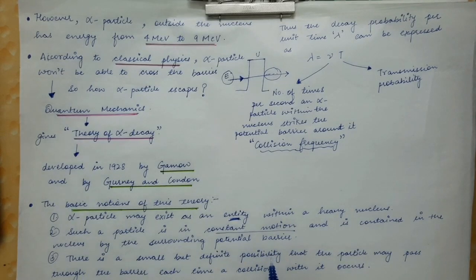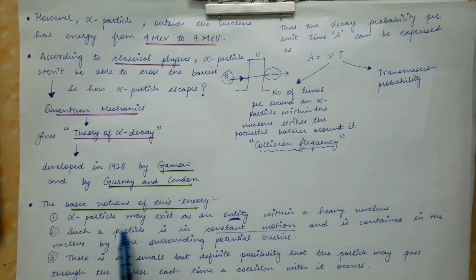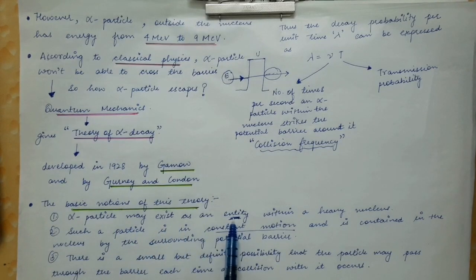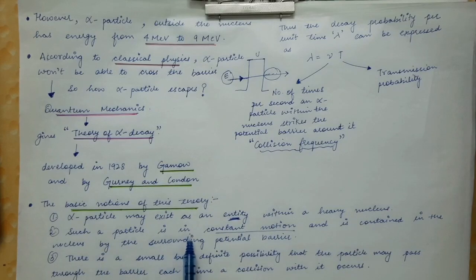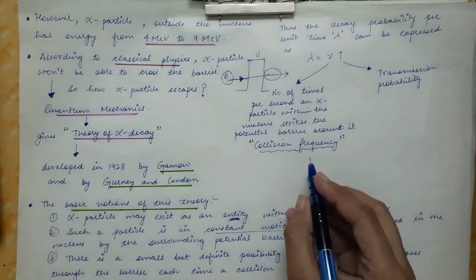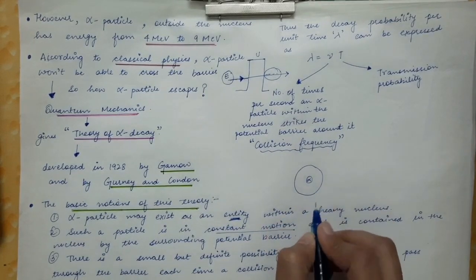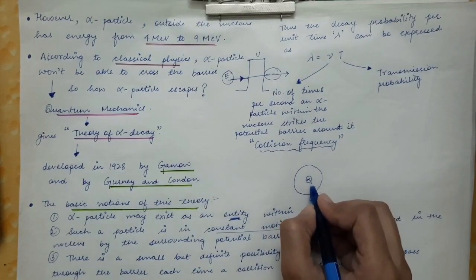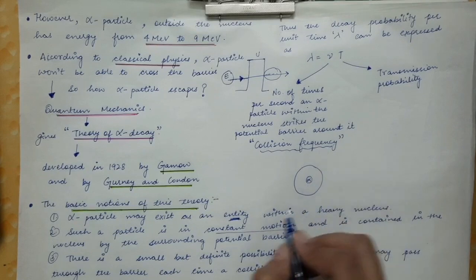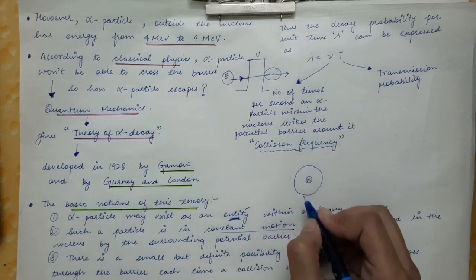So this we have already seen, a potential barrier is experienced by the alpha particle. The second assumption is that this alpha particle, which exists as an entity in the nucleus, is always in constant motion. Let's say this is the alpha particle already present inside the nucleus, existing as a particular identity.